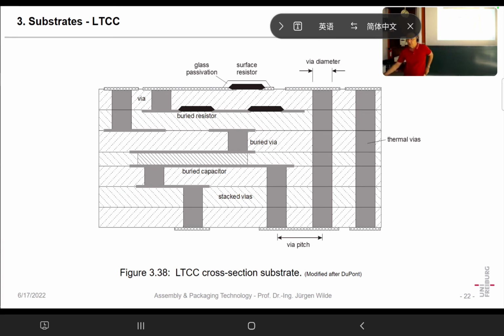What we can produce, like in printed wiring boards, is buried vias and vias going completely through the material. We have here the stacked vias. The DuPont company also claimed we can put in some material which has a higher permittivity, so we can put in capacitors. Again, that's an option.